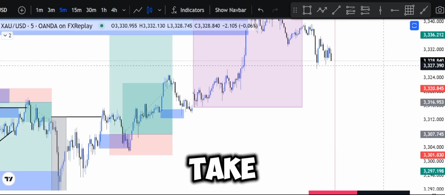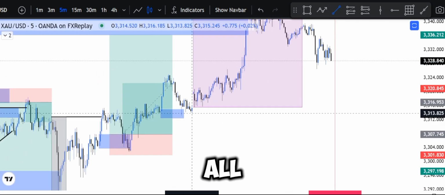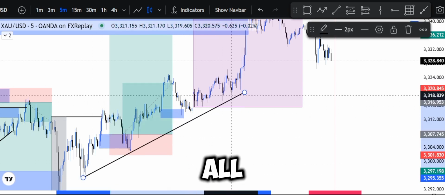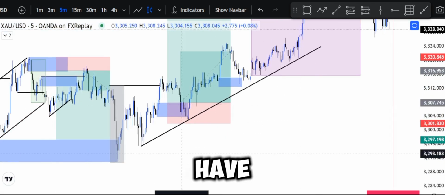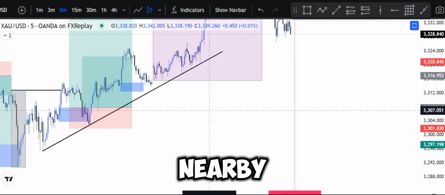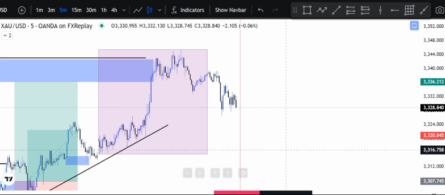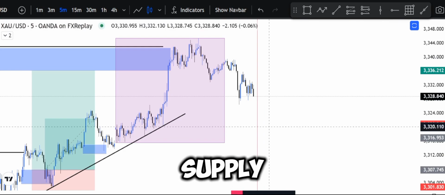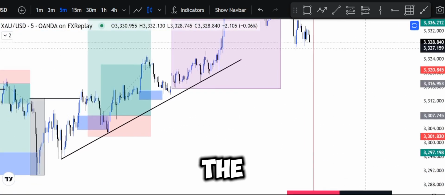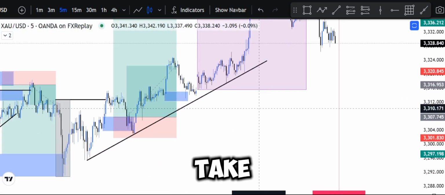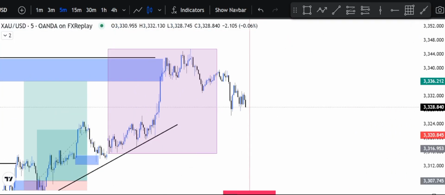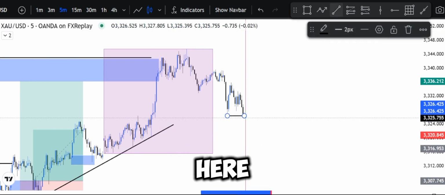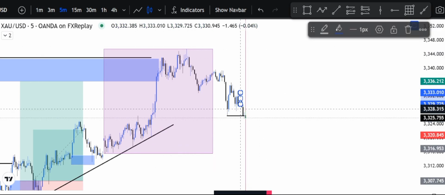Now we are looking to take maybe all this liquidity over here, or maybe all this liquidity because we don't have any valid demand nearby. We have our inducement liquidity to target. We only need a break of structure, imbalance, supply, then trade into the build up. It will take out all this liquidity. We have break of structure here. Our demand.